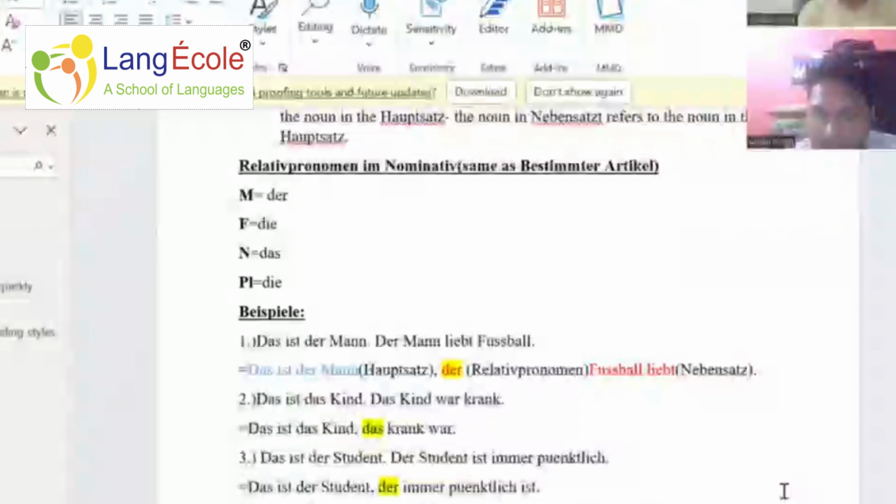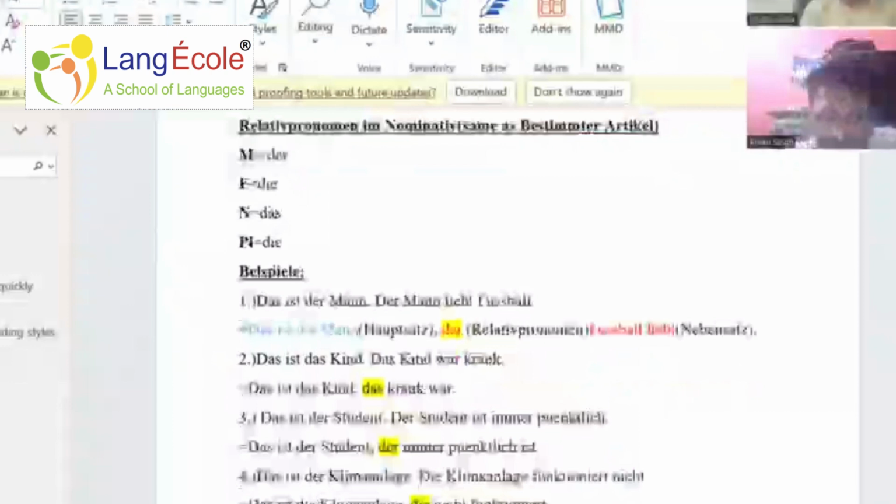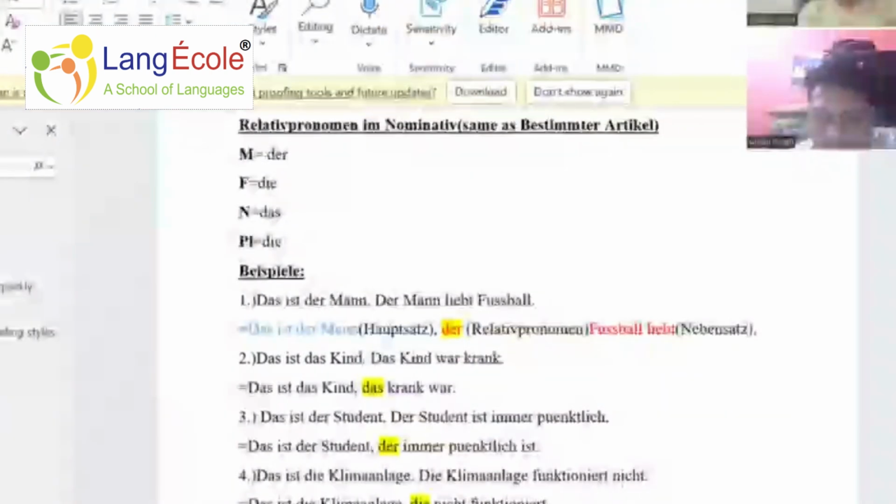Yeah, so die nicht funktioniert. Okay, good. So this is the AC, air conditioner, you can say. The AC does not function. So this is the AC which is not functioning. Die nicht funktioniert.